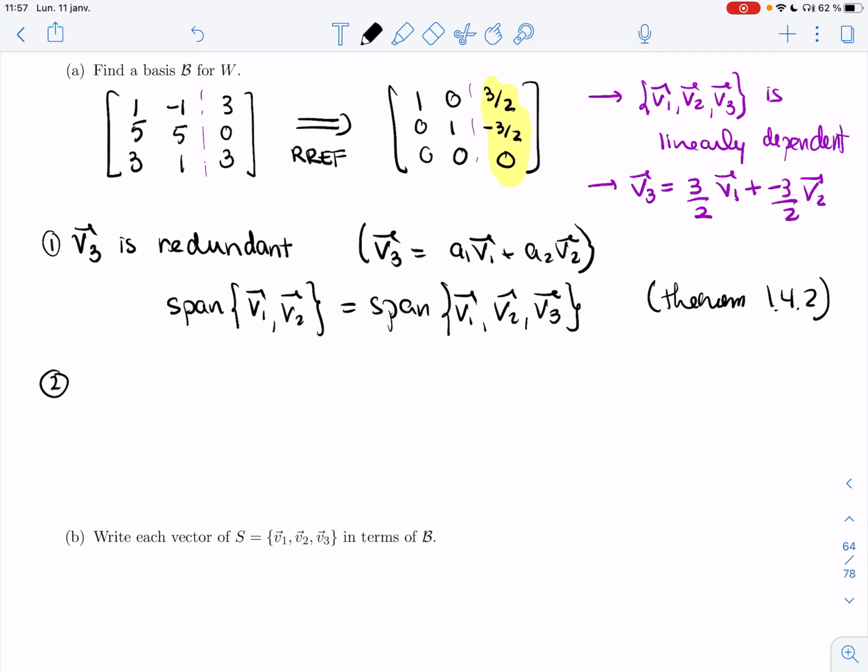All right, so now I'm down to two vectors. Do I know that these are linearly independent? Well, yes.